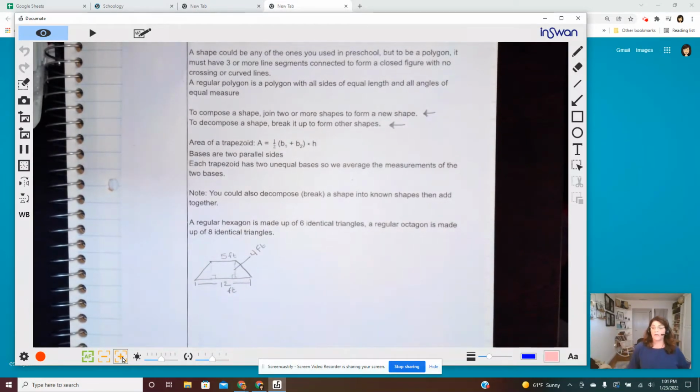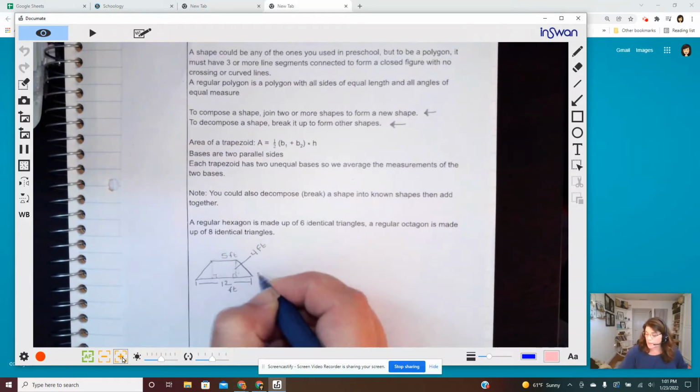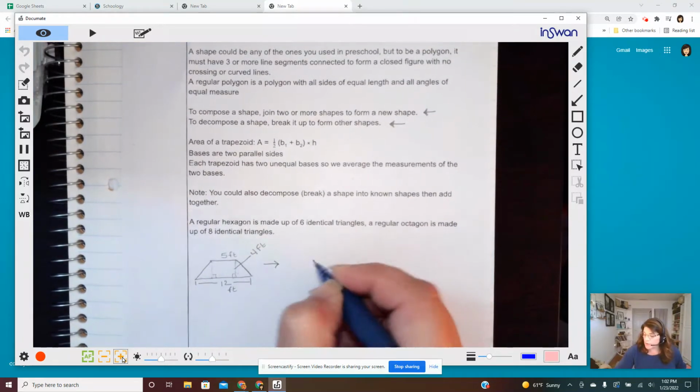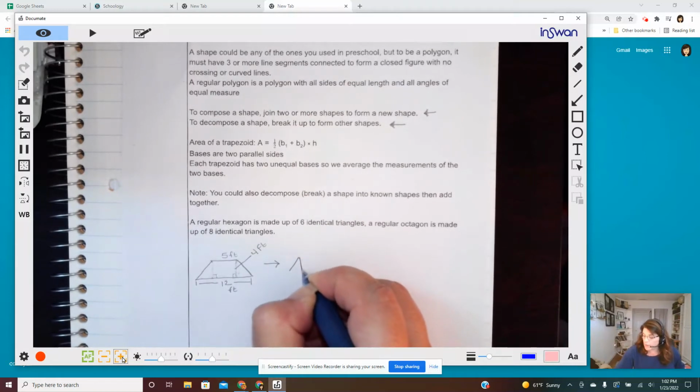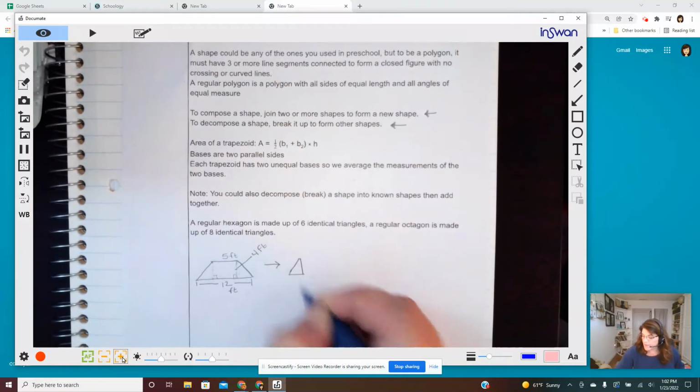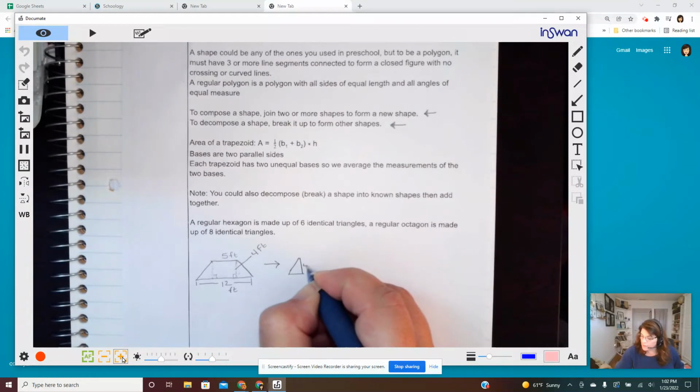If I had no clue what I was doing with trapezoids and I was brand new starting, I could literally cut this apart, find the area of this triangle, and this rectangle, and I would have an excellent calculation. So that would look like a triangle like this that would be 4 feet.